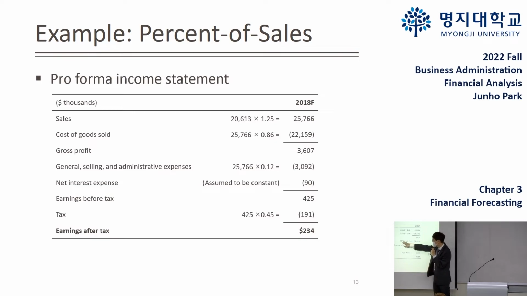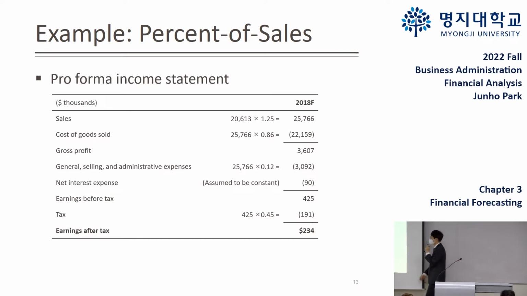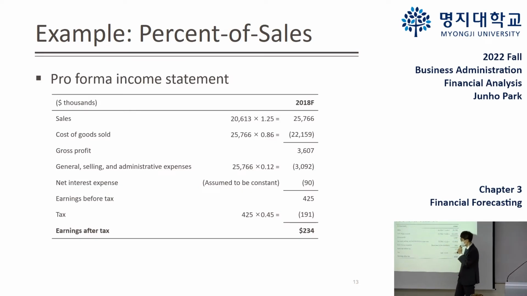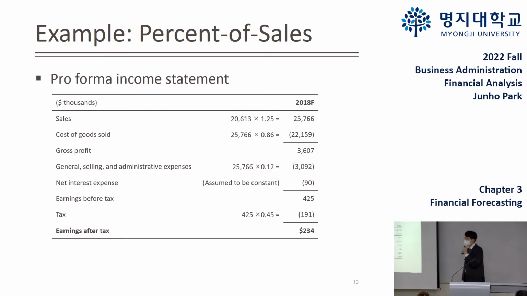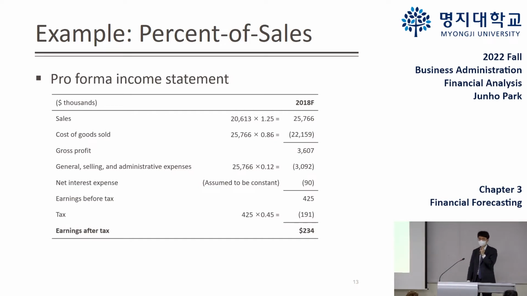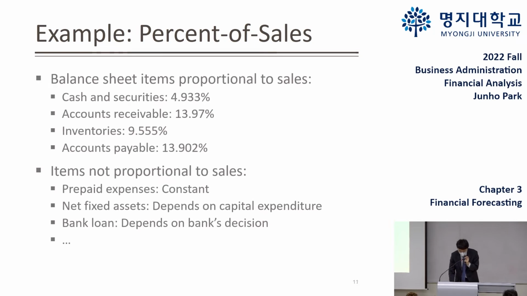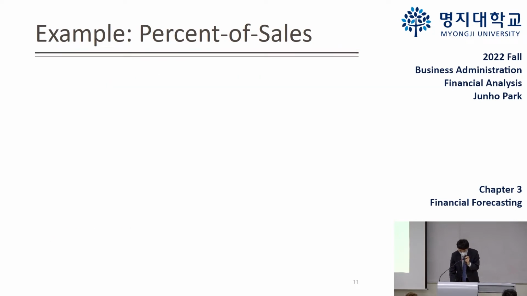So we again multiply sales times 0.12, and we get 3,092. And then the next item we have to calculate is net interest expense. Because it is not proportional to sales, we have to make some assumptions. But I'm just going to think of it as a constant.